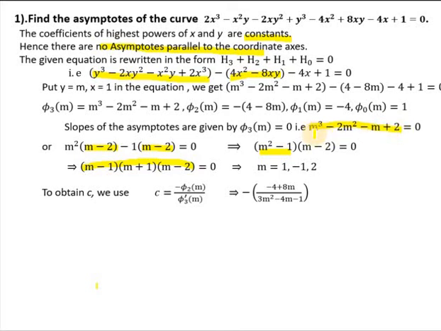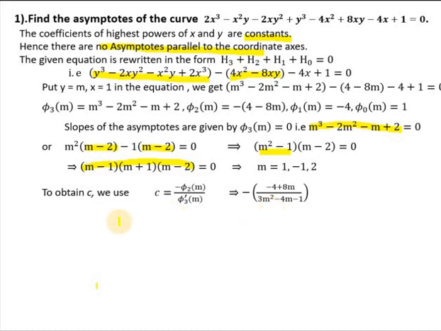By differentiating this, we get 3m square minus 4m minus 1. That we have taken in the denominator. Now put m is equal to 1, the first root, in this equation. Then by substituting m is equal to minus 1 and m is equal to 2, we get the values of c.